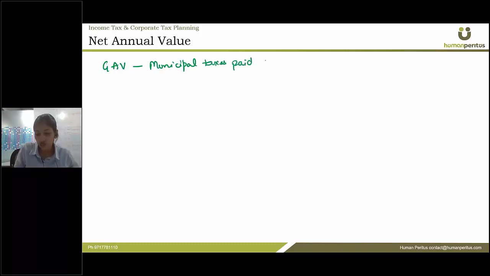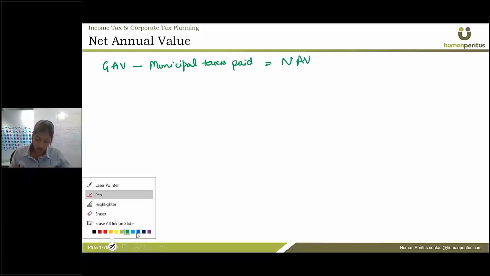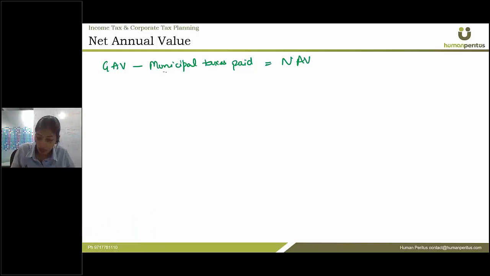Now net annual value. As we discussed earlier, net annual value is calculated when we get GAV, we deduct municipal taxes paid from GAV and we get net annual value, that is NAV. Now there are few conditions, only in the case when municipal taxes are paid.